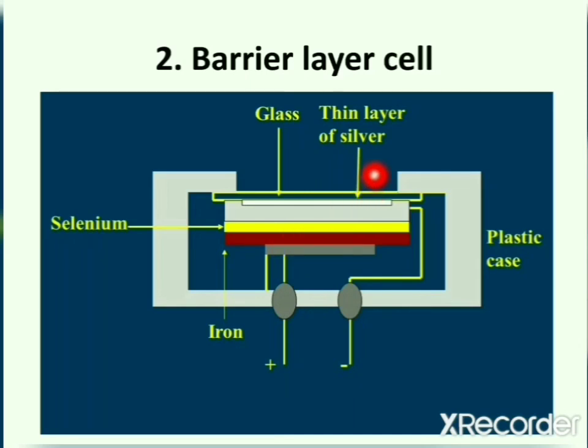This causes accumulation of electrons on thin layer of silver. It produces the voltage difference between silver surface and base of the cell. Photocurrent flows, which is directly proportional to the intensity of incident radiation beam. Barrier layer cells are also very sensitive in nature.